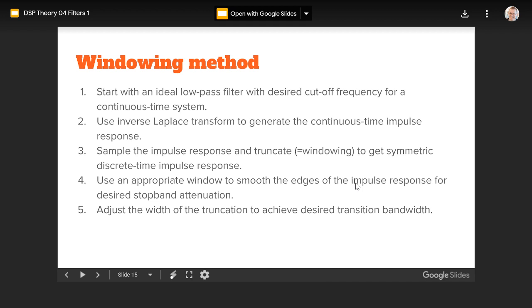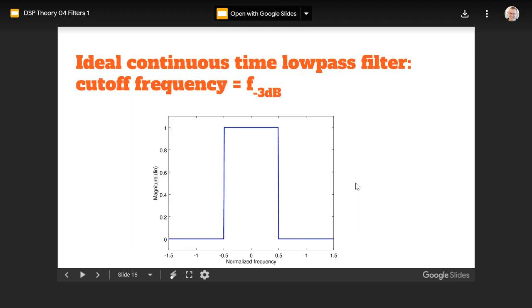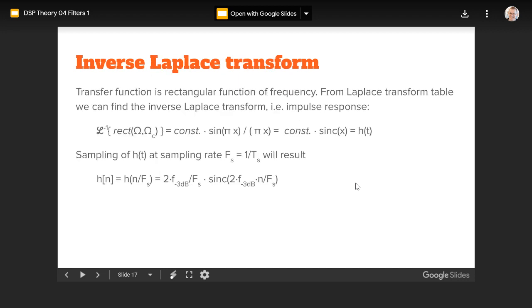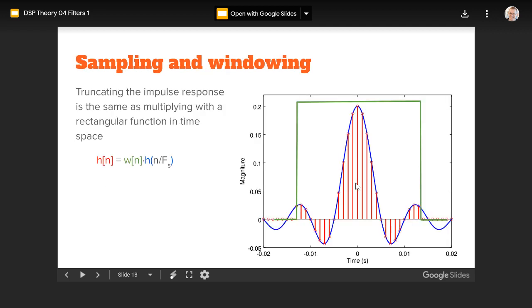Let's take a look at these again, same thing but with better pictures. That's the continuous-time low-pass filter with cutoff frequency f minus 3 dB point. The inverse Laplace transform gives you basically that equation. It has a scaling factor at the beginning, f minus 3 dB divided by fs, times sinc.